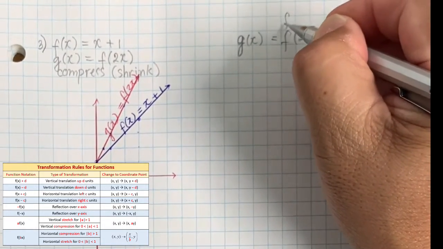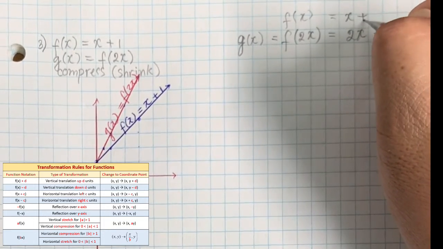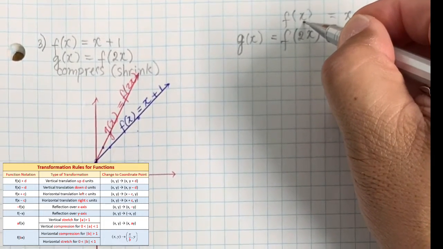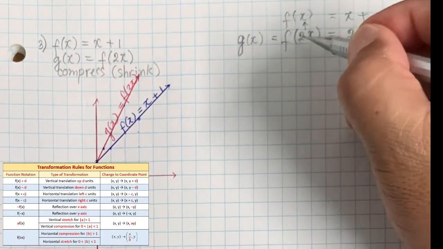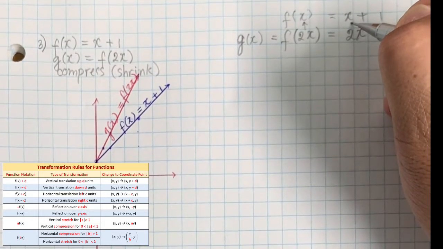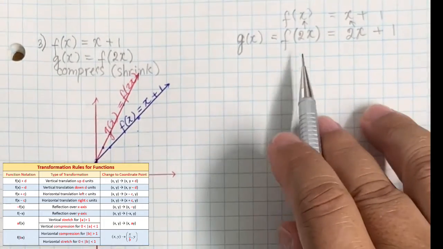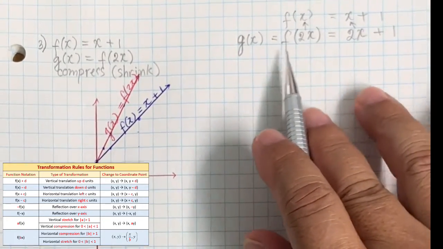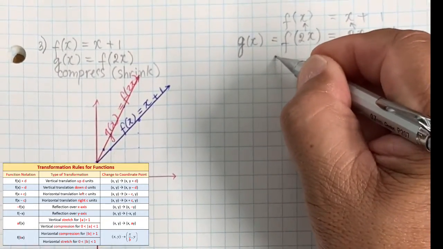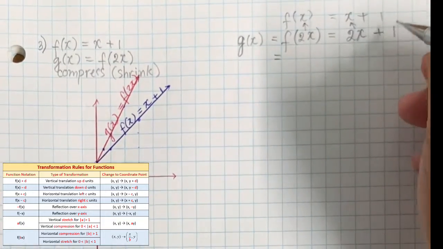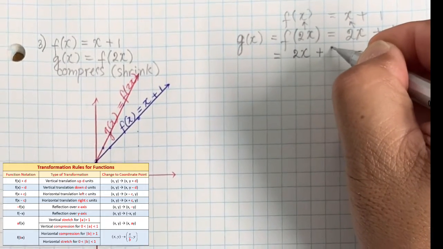Now remember this, if f of x equals x plus 1, now if you replace this x by 2x, you need to replace this x by the 2x. So that's what you get. F of 2x is 2x plus 1. Okay, so therefore, g of x is going to be what then? 2x plus 1. You see?